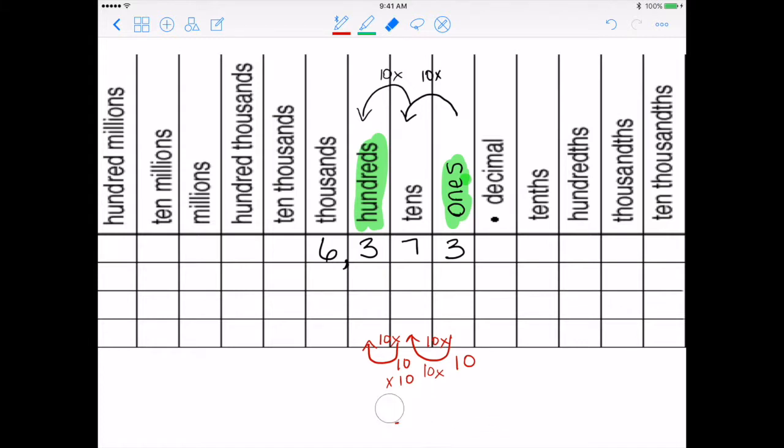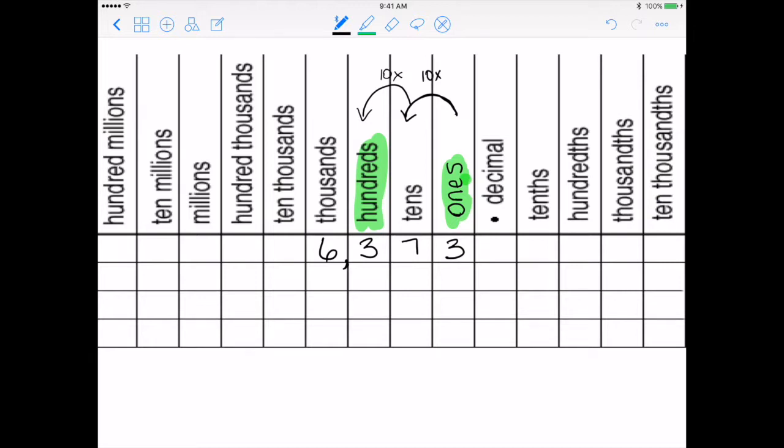Now, here's how we go about comparing. We know that each time we move a place value, we're going up 10 times, right? When we move from the ones place value to the tens place value, we've increased its value 10 times. When we move from the tens to the hundreds place value, we've increased the value again 10 times.